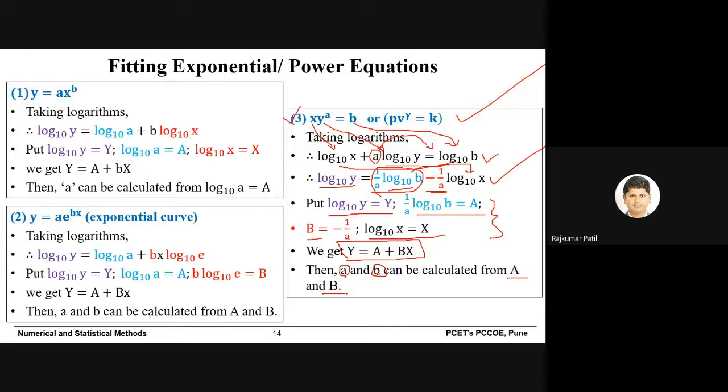Upon simplification and rearranging the terms, you will get y is equal to a plus bx. So every time you can linearize the equation, and that step is very important in this case. Once you linearize those equations, you can use the method that we discussed in the morning lecture, and just go on applying that traditional process and you will get the solution.